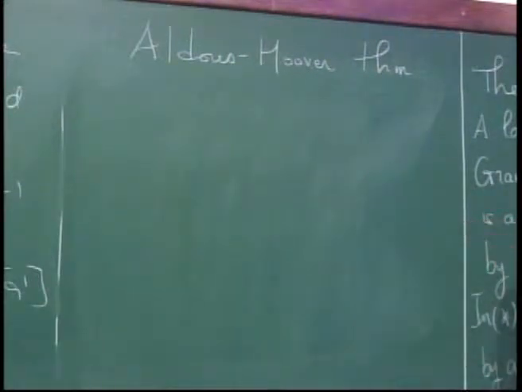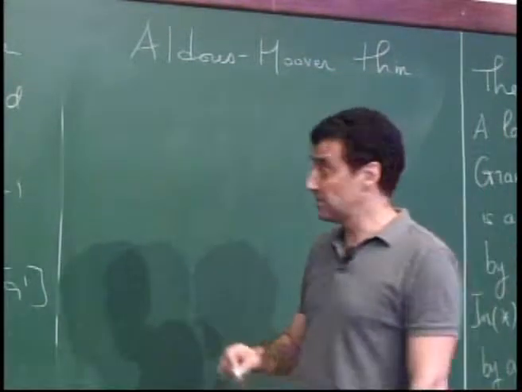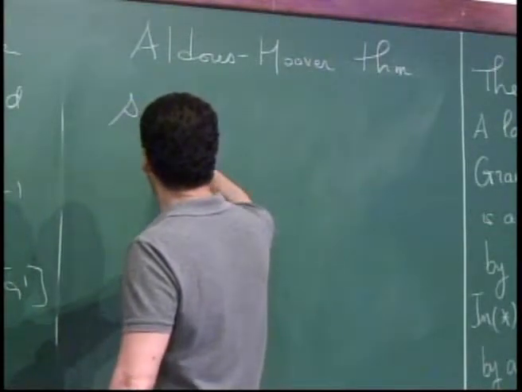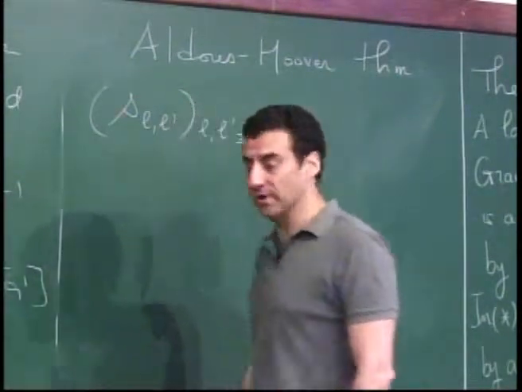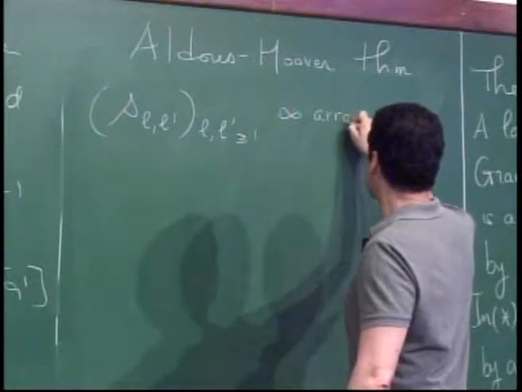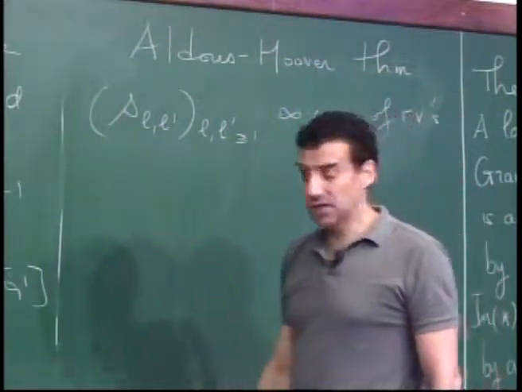This was in the 80s. And instead of sequences, they are concerned with infinite arrays. So you look at an array, S_{ℓℓ'}, infinite, as before, of random variables, or a matrix of random variables. And you say that it's exchangeable.